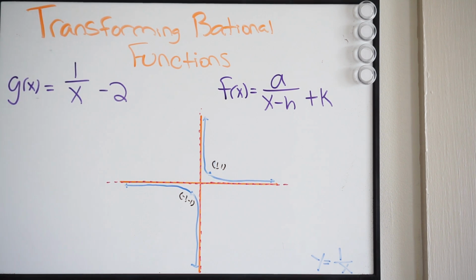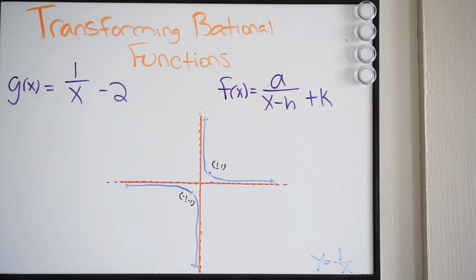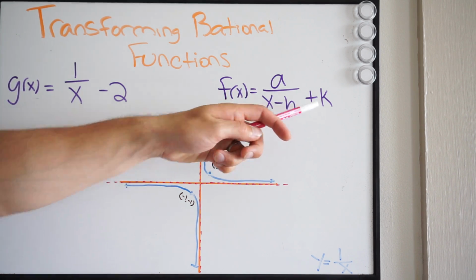Again, our parent function is going to be 1 over x. We can compare this to the transformation that is taking place. Looking at this, what is occurring here? If we look at our basic equation of a rational function, it looks like my k value is changing.